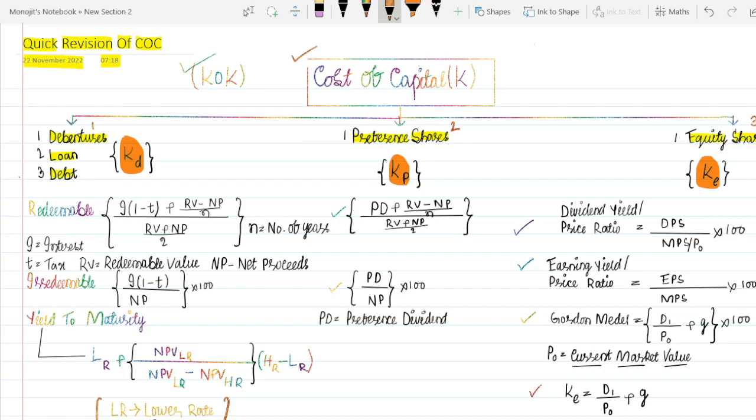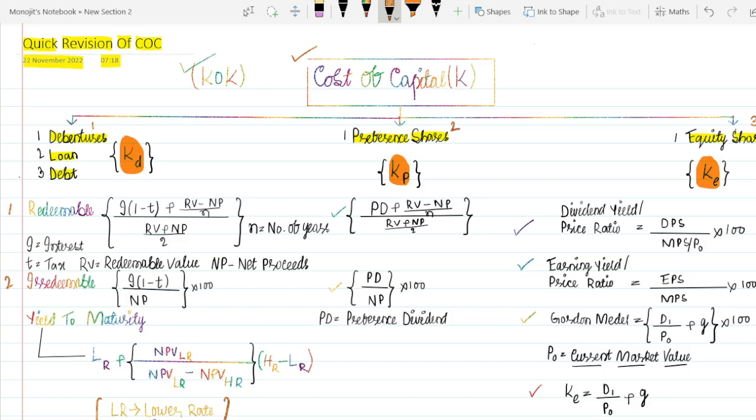So to find the cost of debenture, loan or debt, we need to apply one formula among the two. There are two formulas. One is for redeemable debenture and another one is for irredeemable debenture.